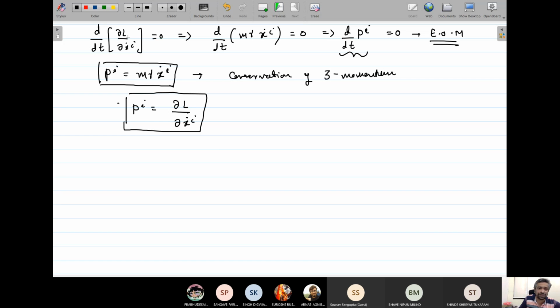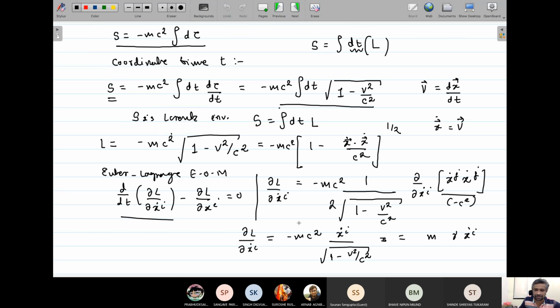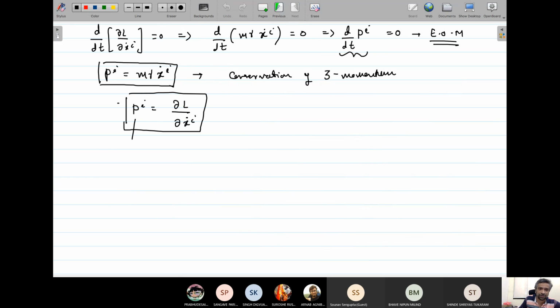Okay, so pi matches with our three momentum definition. Canonical momenta are always calculated through this relation.